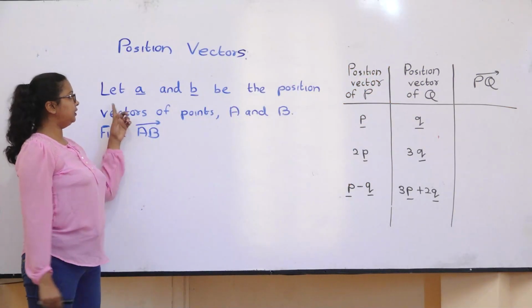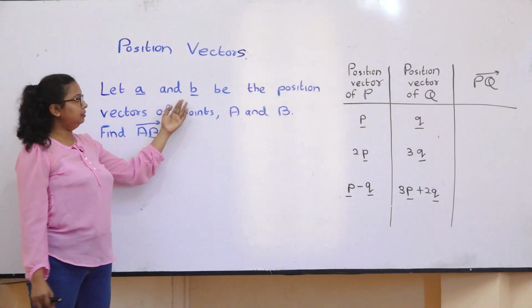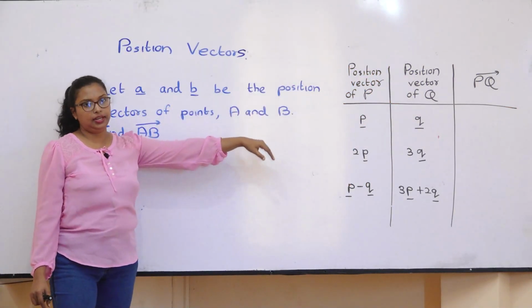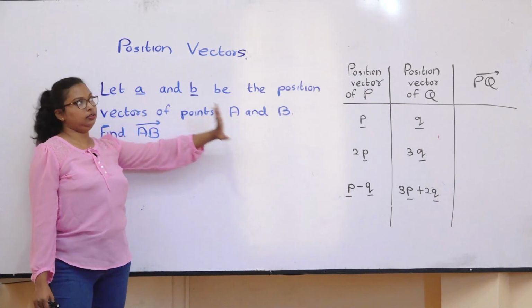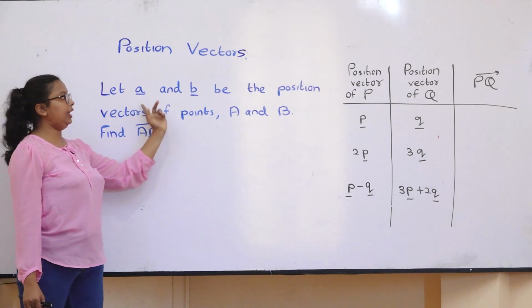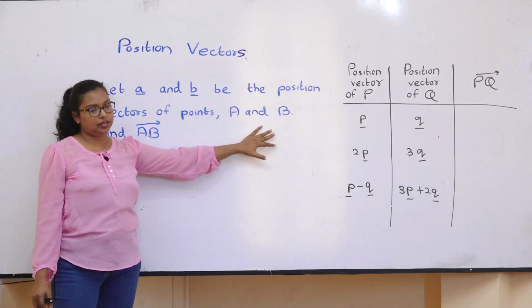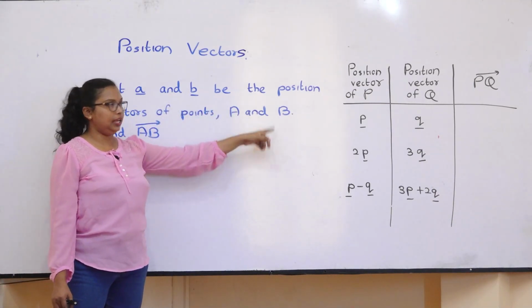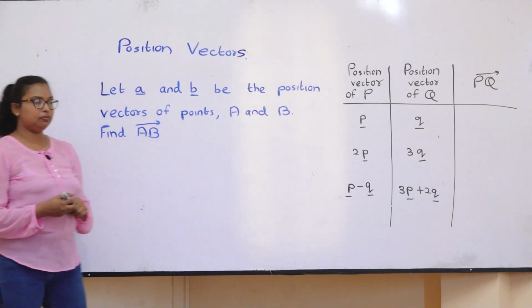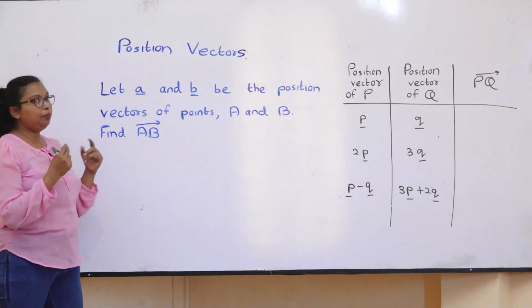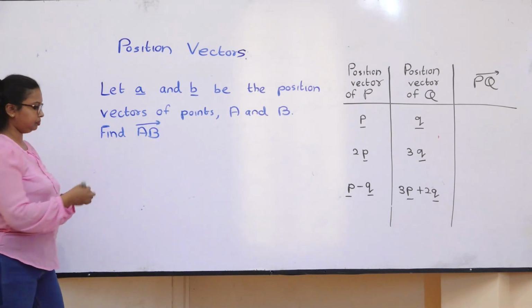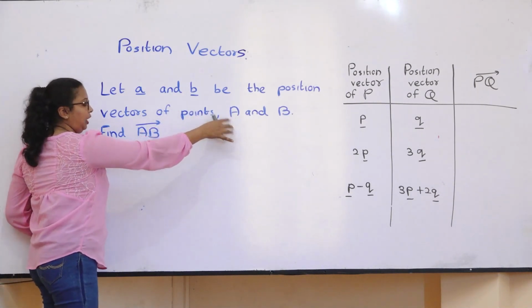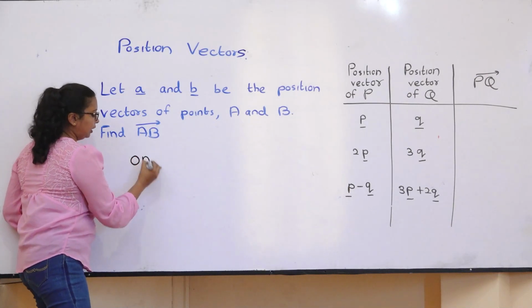Now, let vector A and vector B be the position vectors of points A and B. Always I told you that position vectors are with respect to a certain point. Let's say O. So, position vector of A we write as OA.